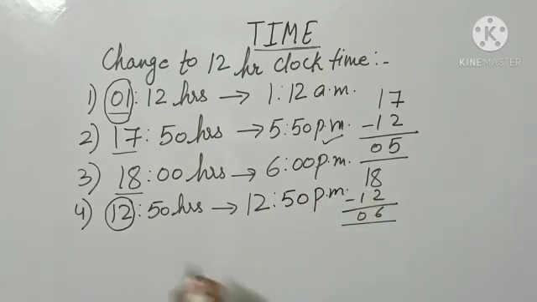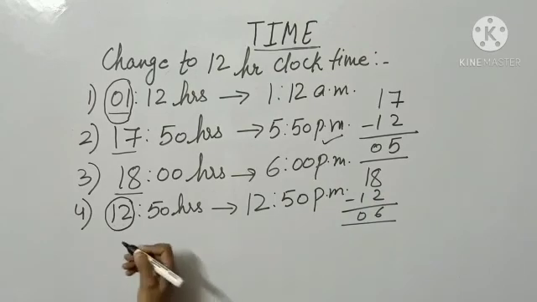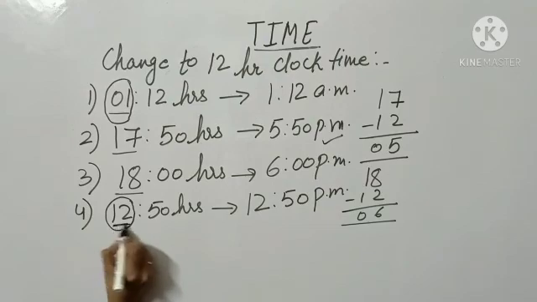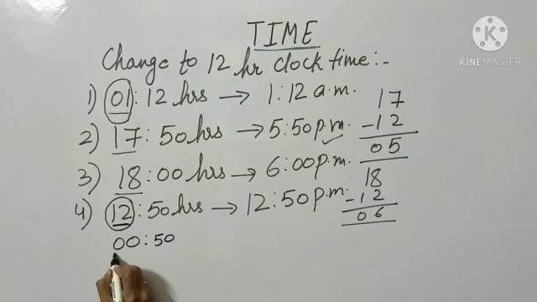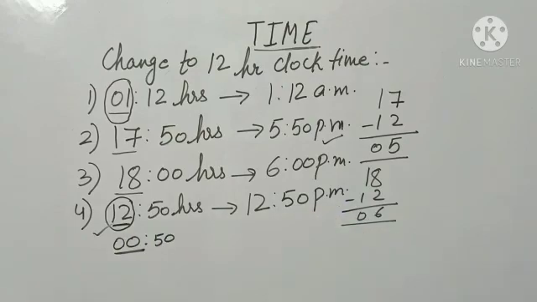Because this time is after 12 noon, because here it is written 12. If it were written 00:50, then he would be talking about 12 midnight. But at present the time is 12:50, so he is talking about the time after 12 noon. And from 12 noon to 12:59 PM, I told you we write the time in the same way in both the clocks. So I have written it the same way: 12:50 PM. I hope it is clear to you. Thank you.